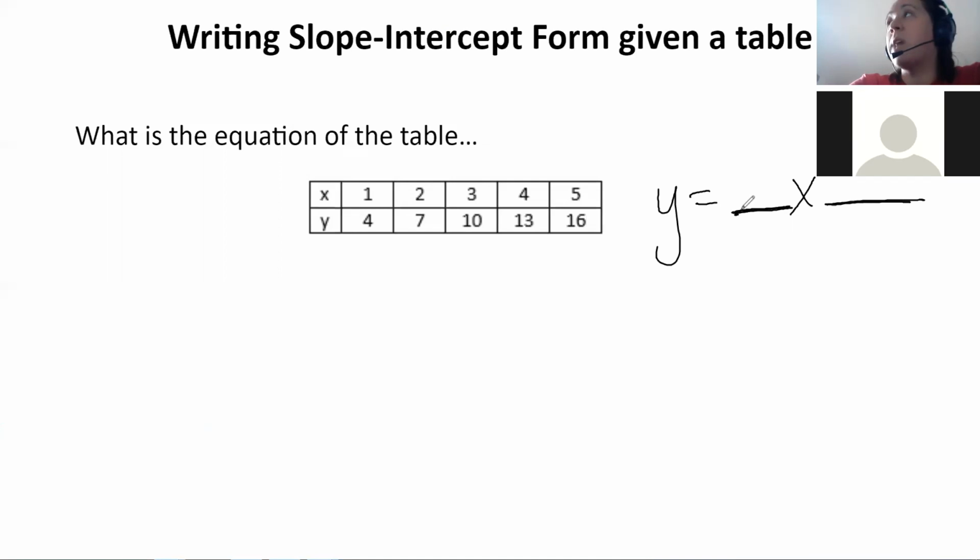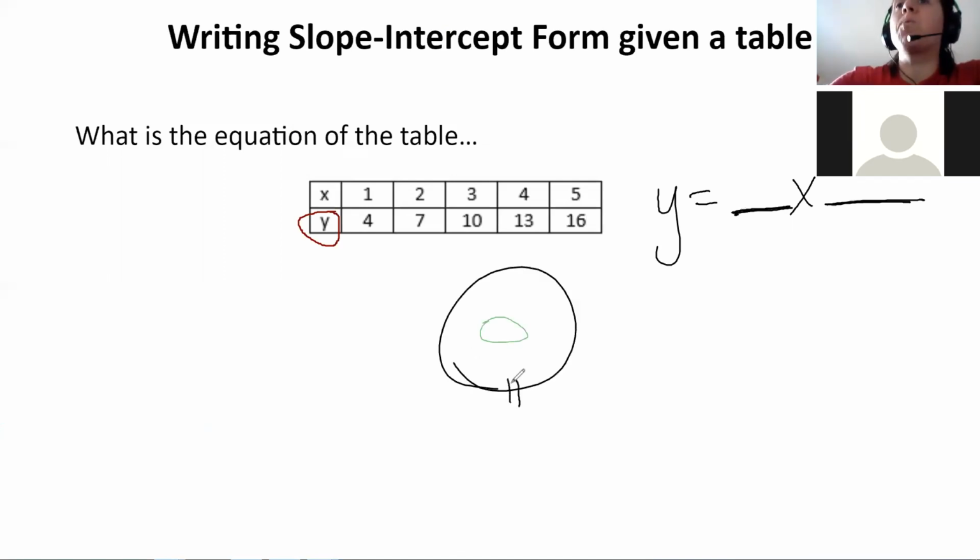What would tell me I have a y-intercept? What number would I be looking for? Yeah, I'm going to look at the y column, but actually the x clues me in. Yes, this is perfect. Great job.